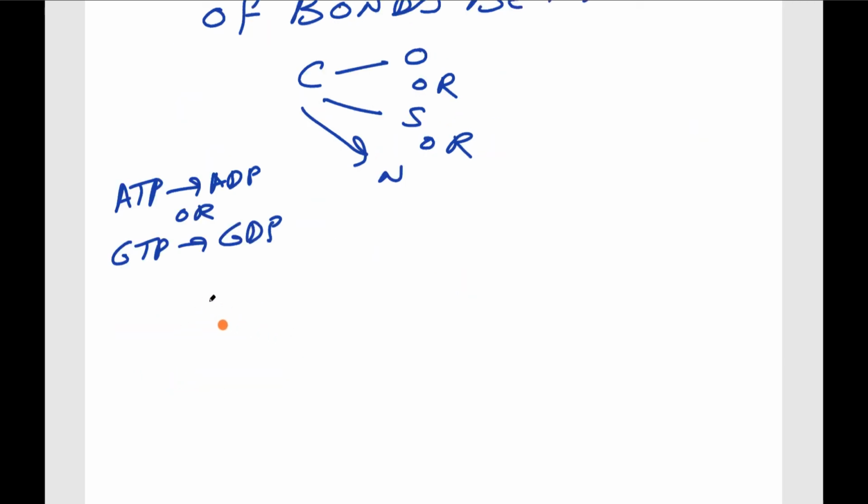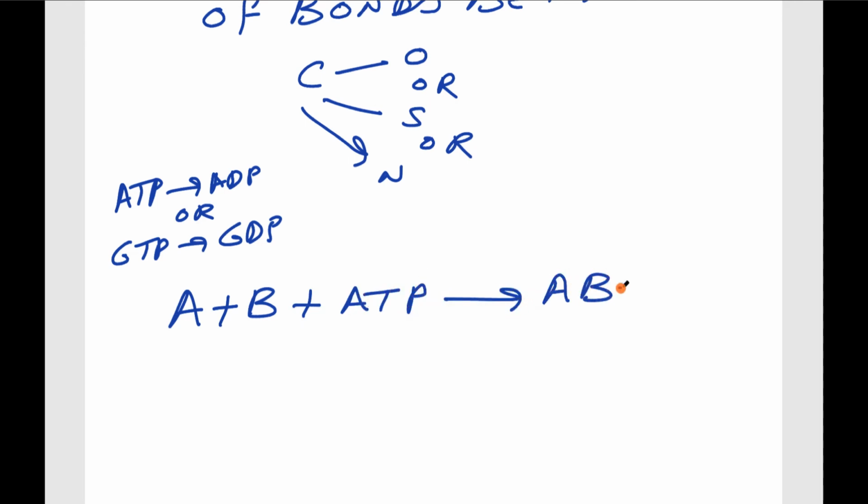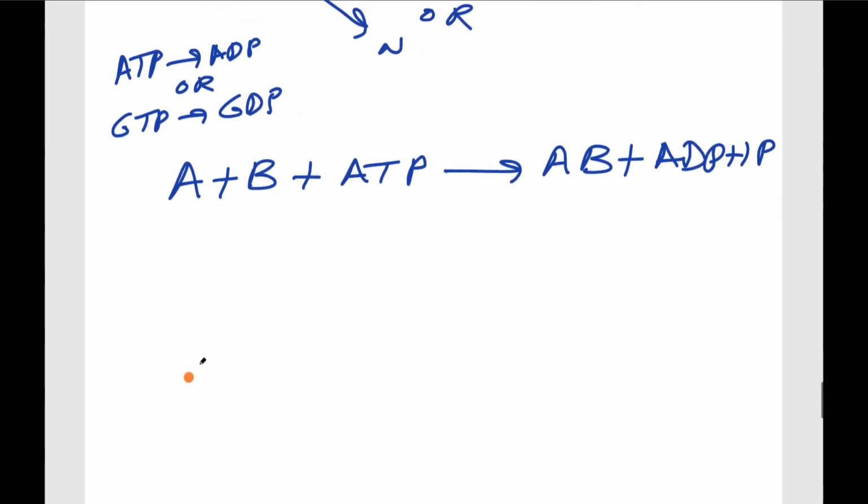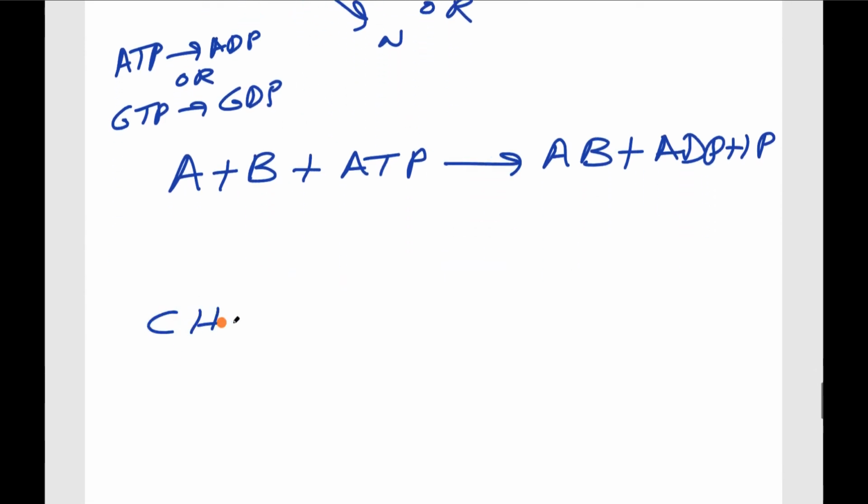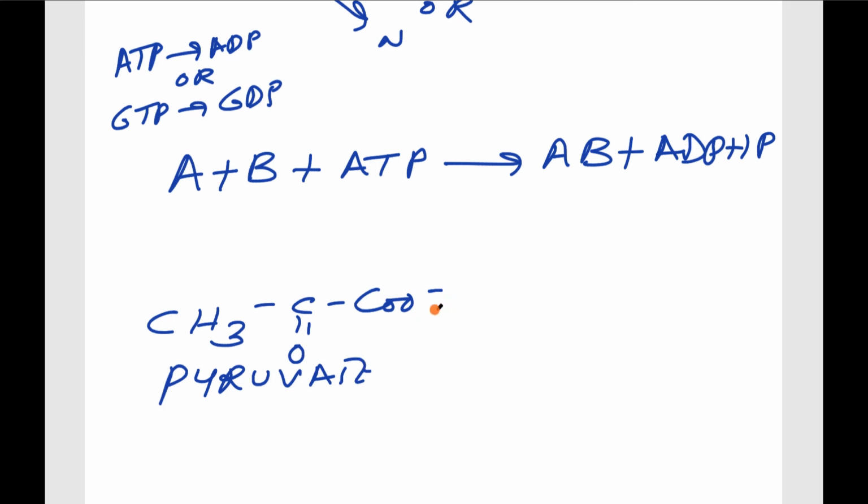Let me show how the reaction is taking place. A plus B has to be connected at the cost of ATP hydrolysis, giving AB plus ADP plus Pi. Let us see the actual reaction here. Pyruvate, pyruvic acid, combines with carbon dioxide.